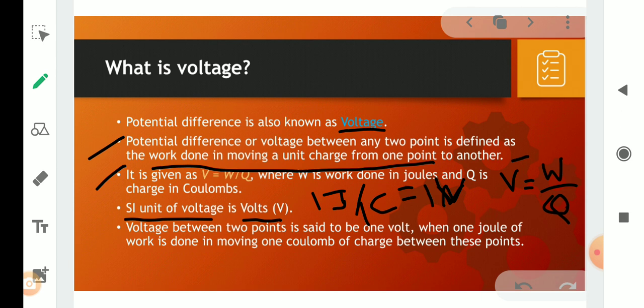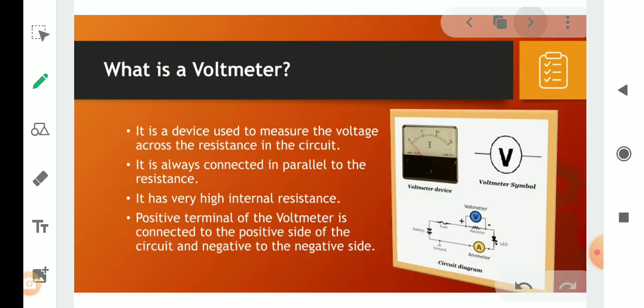The SI unit of voltage is joule per coulomb, or volt. So the definition of 1 volt is when 1 joule of work is done in moving 1 coulomb of charge between the two terminals or two points.